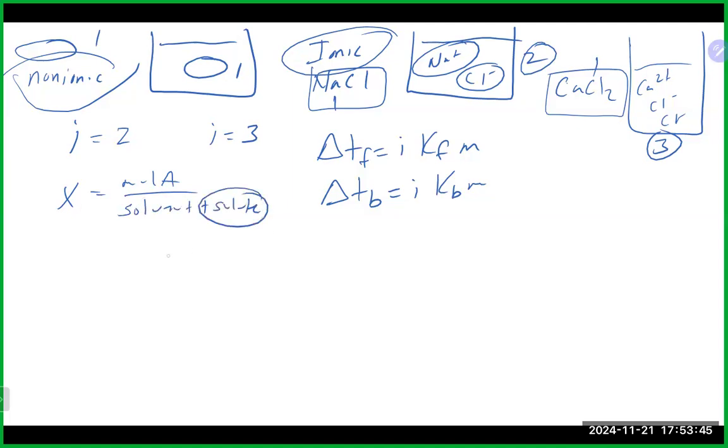So usually right around here is where you would incorporate i. If you're doing the vapor pressure part, you wouldn't necessarily put it right in front in the formula. You just have to multiply the moles of the solute by that i factor. That's where it comes into play if you're doing something like vapor pressure lowering.